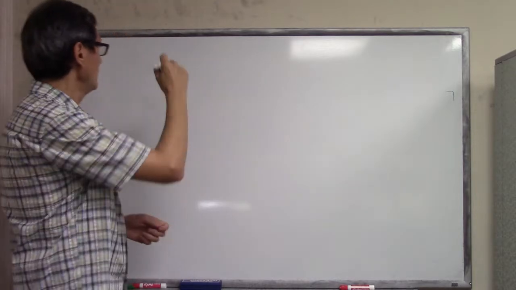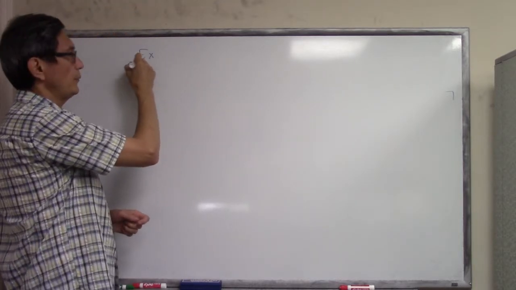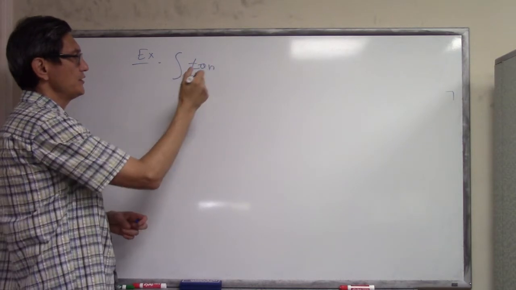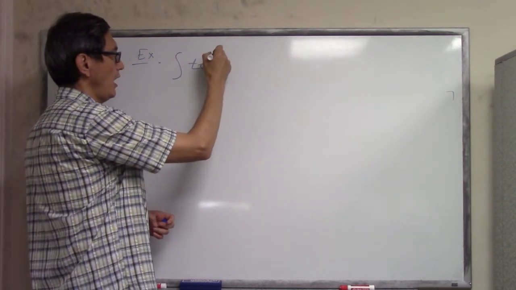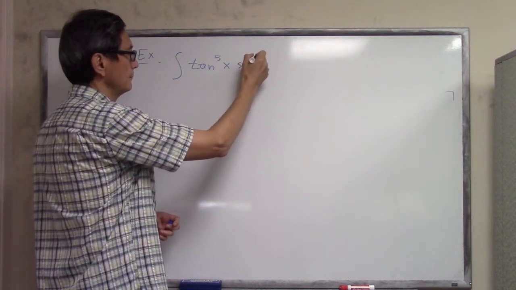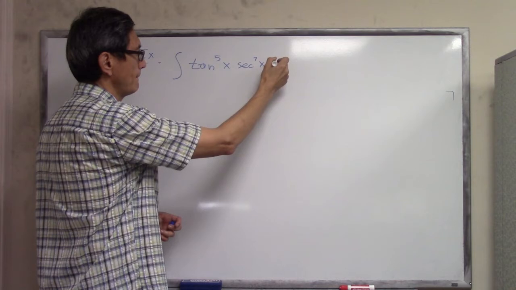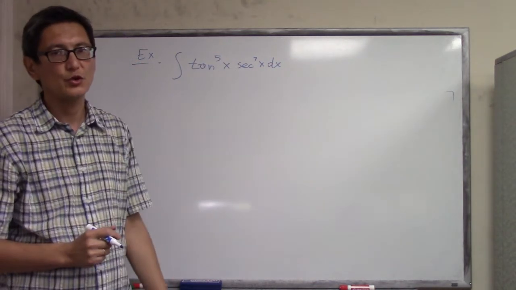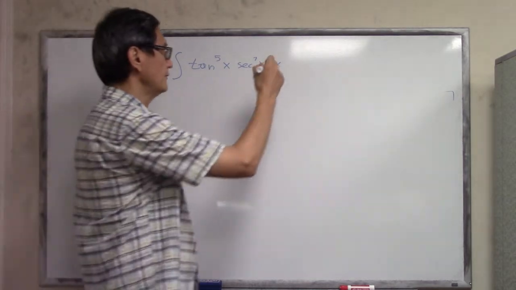Another example. What do we do if we have tangent raised to an odd power? So if tangent is raised to an odd power, we want to do the substitution u equals secant.